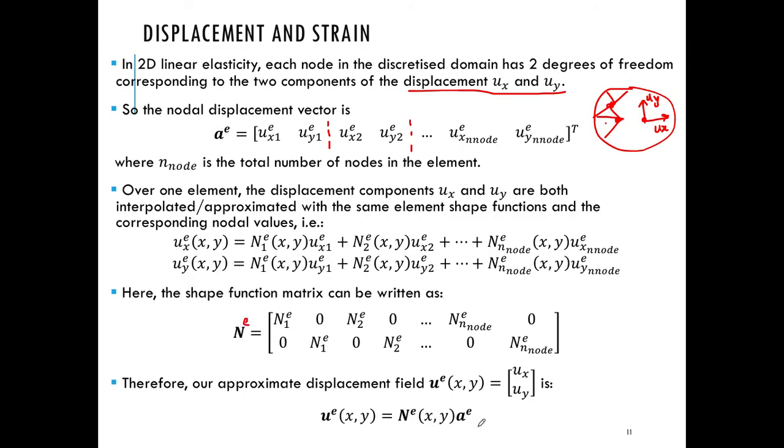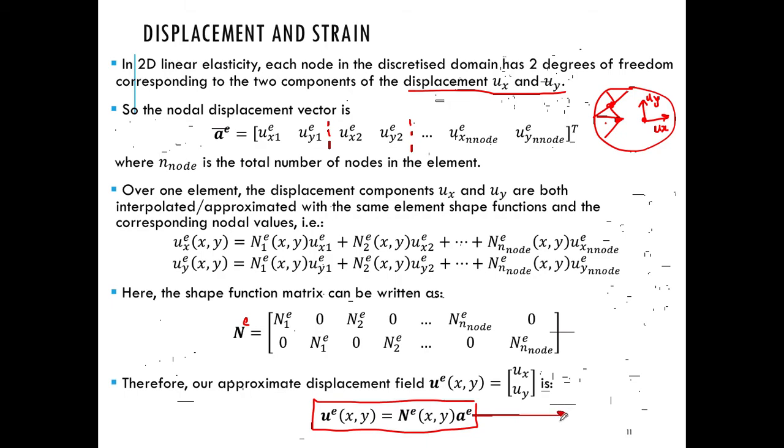So Ne multiplied by Ae, because Ae has x, y, x, y, hence why I need this N1 0, N2 0. Please multiply these two, Ne and Ae, to see that you actually get u as a vector of ux and uy. Please perform this matrix multiplication to see that this is what happens.